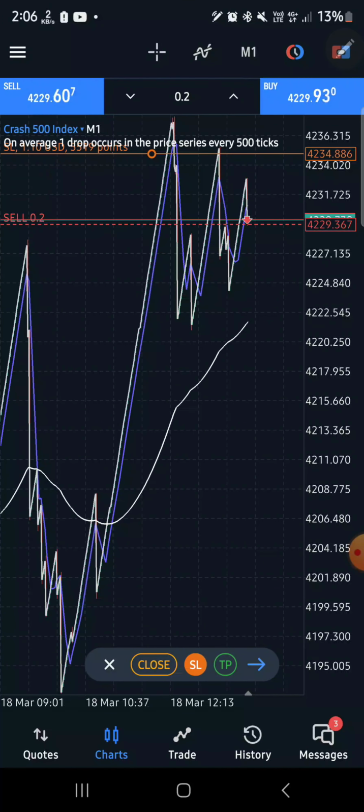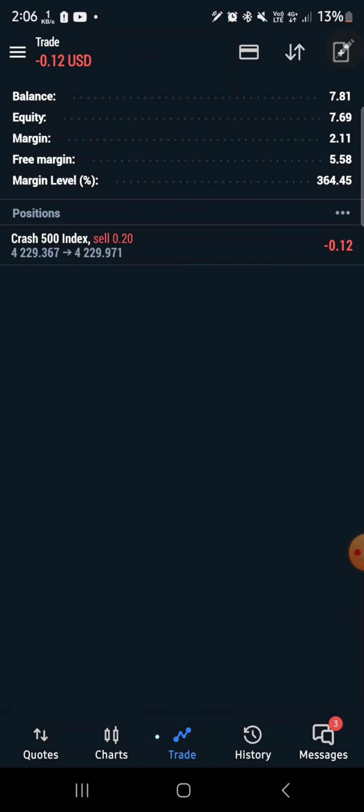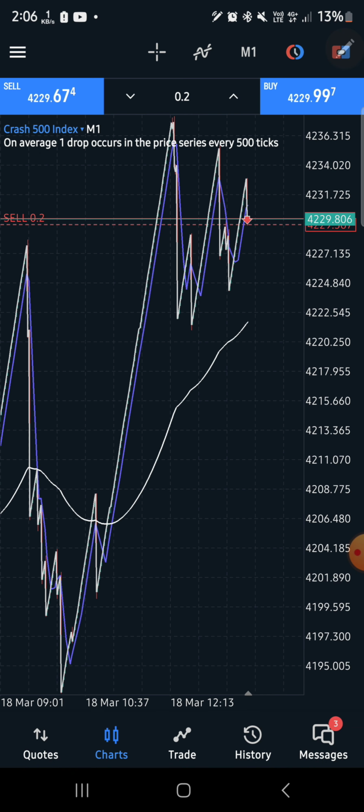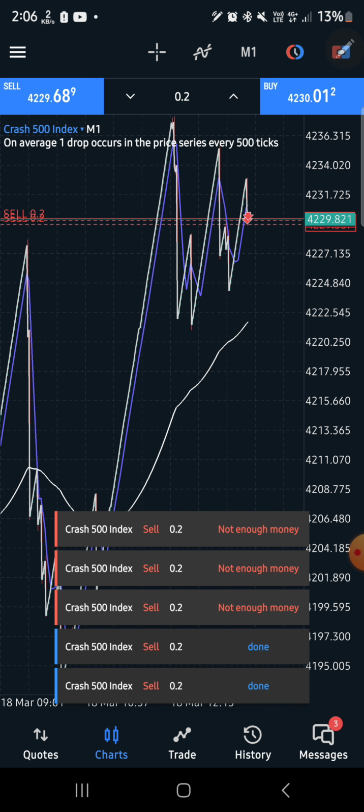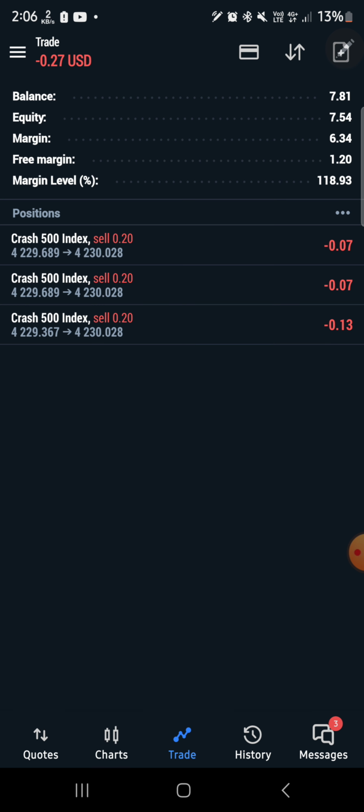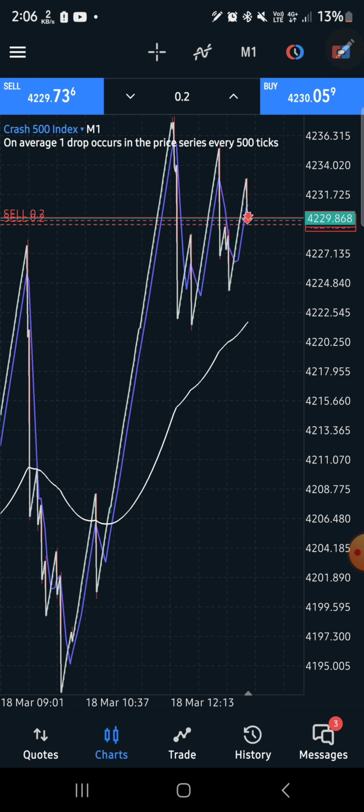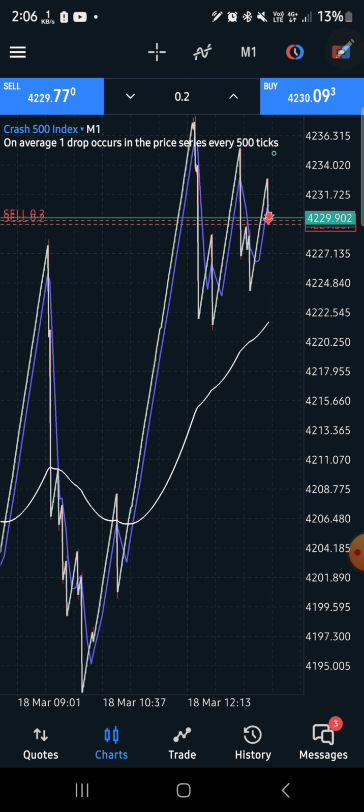So if we say $1 loss, like 5 positions approximately is going to take out this account, so we are going to open less than 5. Okay, the account is letting us open 3, which is perfect, because if you don't open all your positions now, when the market goes a bit to this level, it's not going to let you open 3 anymore because of your margin. So let's just open everything all at once and start expecting a spike.